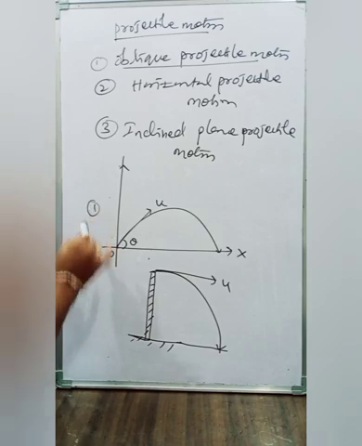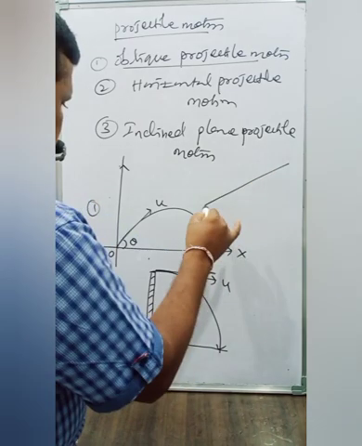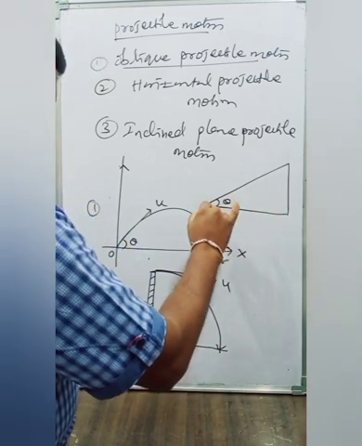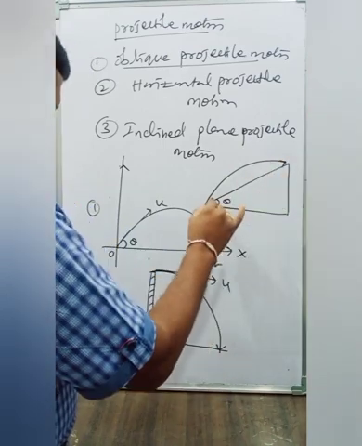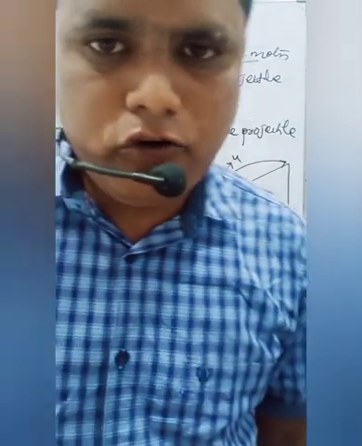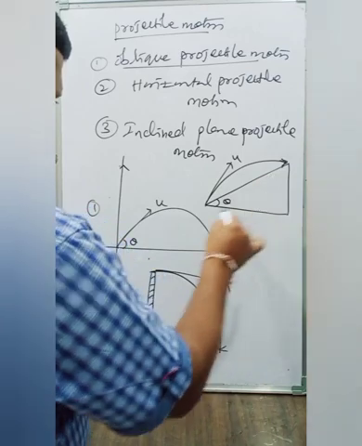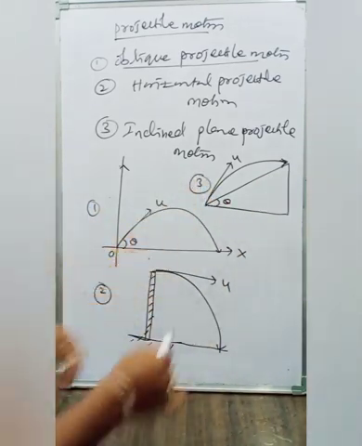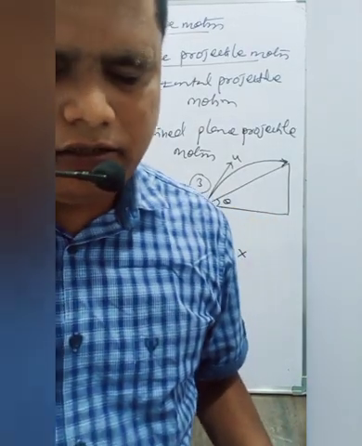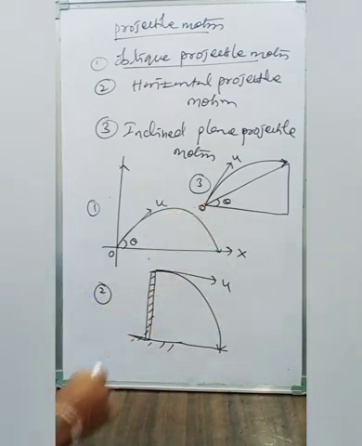And next, the third one is inclined plane projectile motion. An object is projected from the staircase of a building or from the bottom of a flyover bridge.